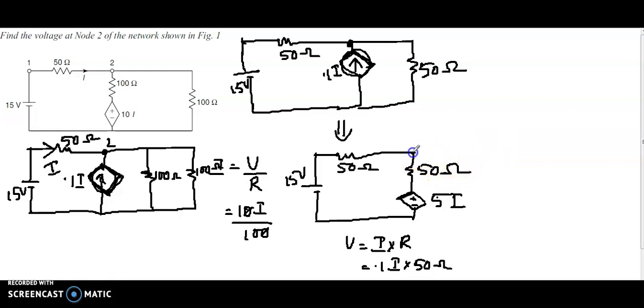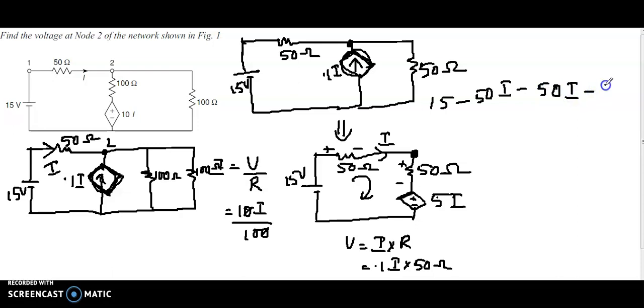Okay, so now we have to find the voltage at this point. Here there is a current I flowing. We can find I by the mesh equation: 15 minus 50I minus 50I minus 5I is equal to 0.